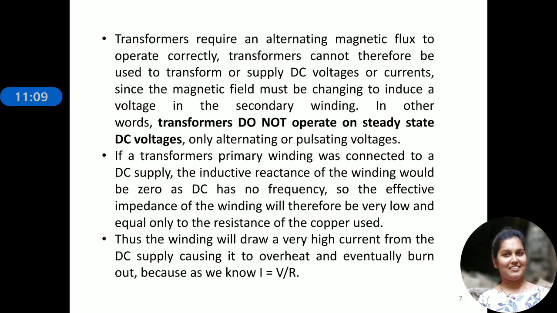Another point regarding transformers is whether they work on AC or DC, that is, what kind of supply is to be applied to the transformer. When we talk about this point, a transformer requires alternating magnetic flux to operate correctly.